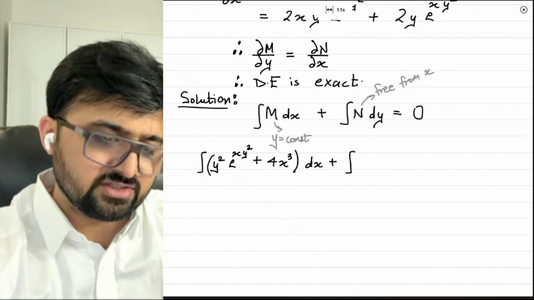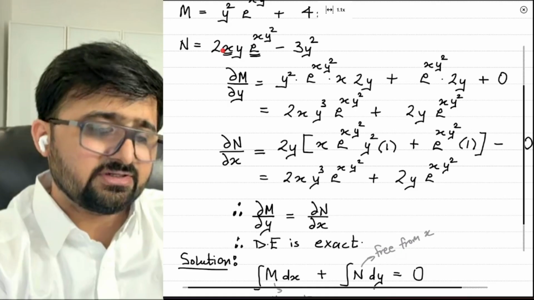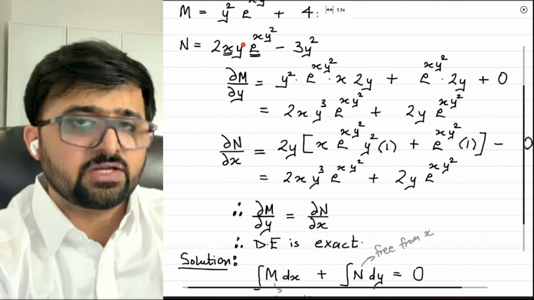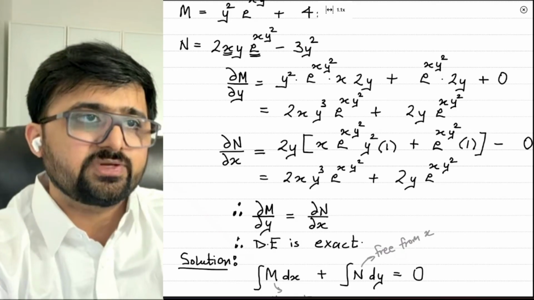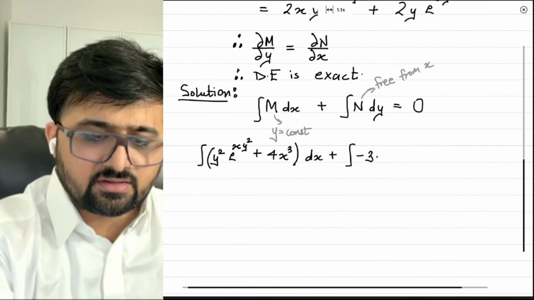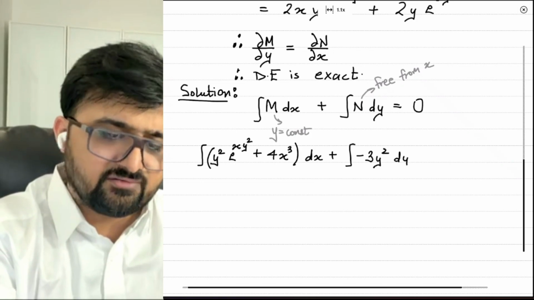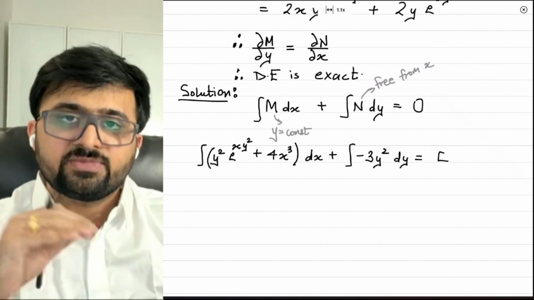The first term contains x, so we cannot take it. Only this term is without x, minus 3y². So we'll only take minus 3y², dy, is equal to, let's add a constant of integration c.